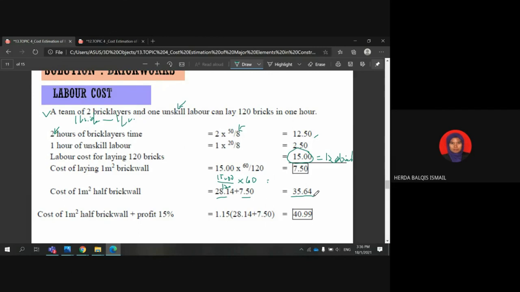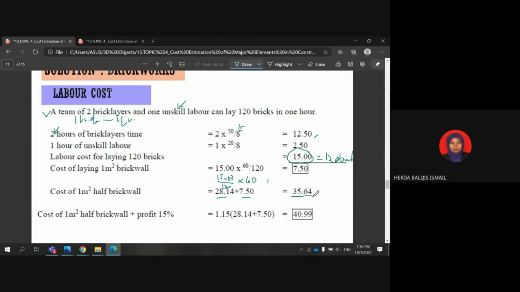So you need to include profit. When you estimate, you need to gain profit. So that is the initial, rough cost for that particular work, but at the end of the day, you need to consider profit in your calculation. As a businessman, you need to consider that so that you get the profit.